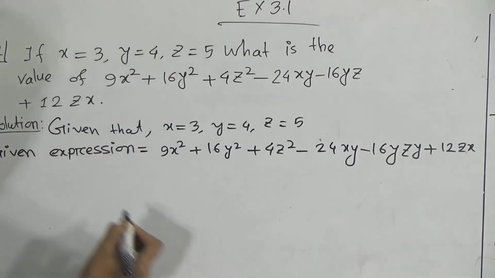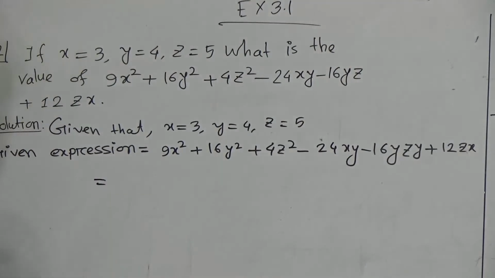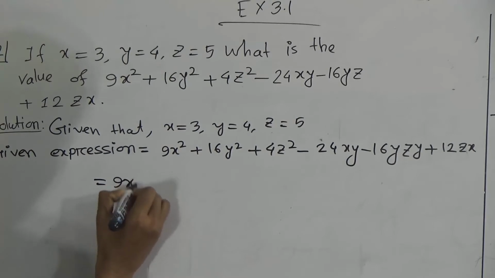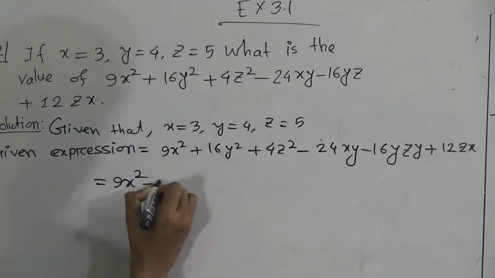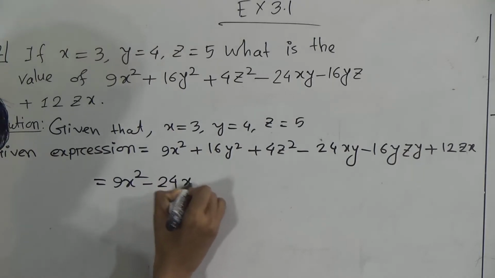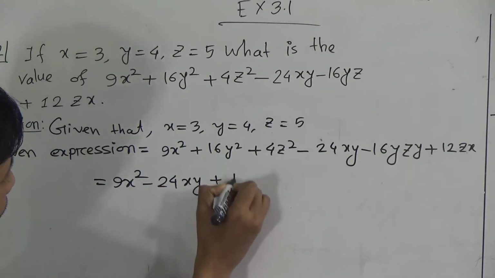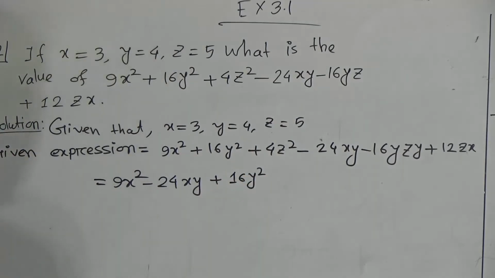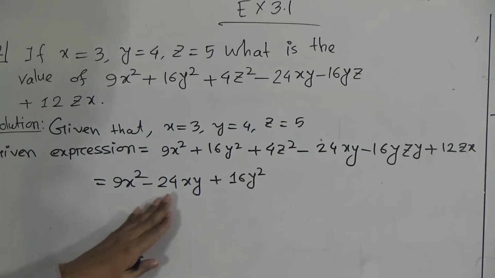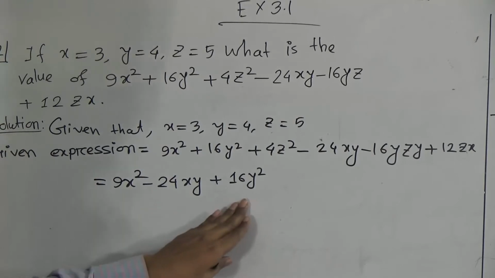Look, now 9x square and minus 24xy we can write this way: 9x square minus 24xy plus 16y square. Student, notice I have arranged the variables here: 9x square minus 24xy plus 16y square.